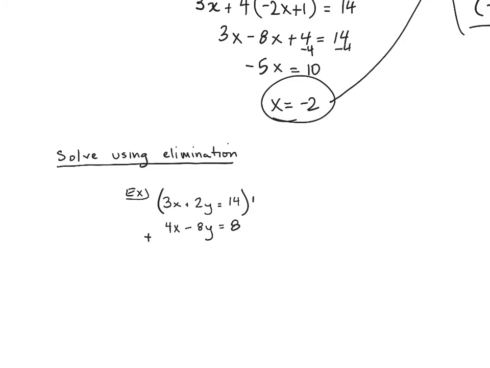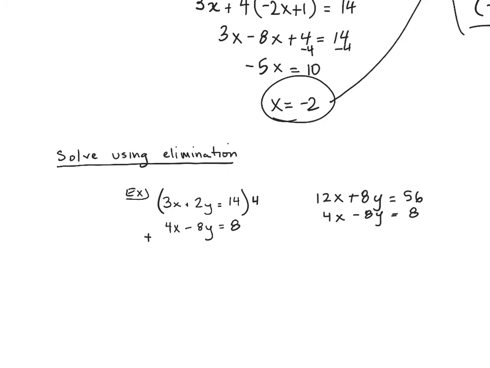So for example, if we multiply the entire top equation by 4, that top equation becomes 12x plus 8y equals 56. And then we have not done anything to the bottom equation, so that stays 4x minus 8y equals 8.